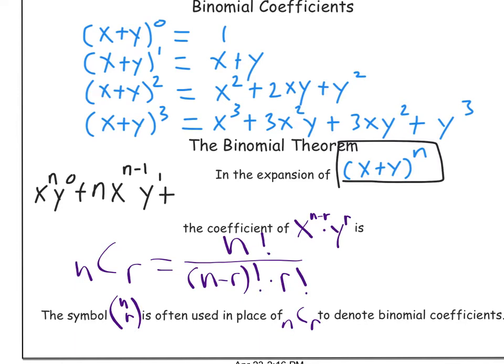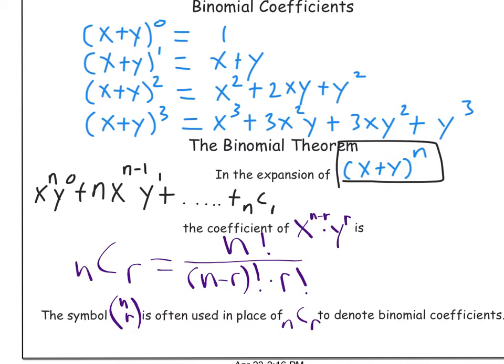The x starts to decrease in power, and the y starts to go up. That'll continue as many times as needed, depending on how big n is.